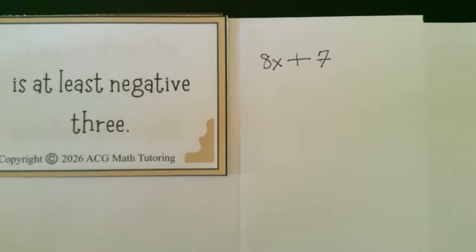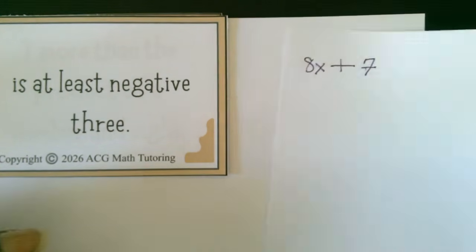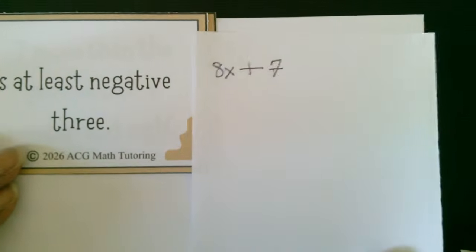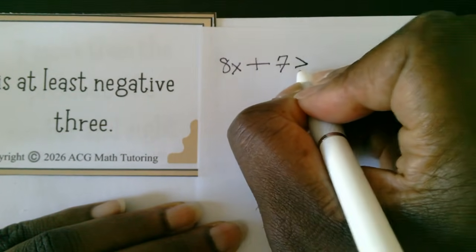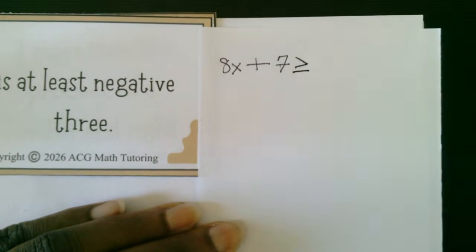But if I make $100, I still hit my quota, because I want to at least make $25. So that means if I make $25 or more, I'm going to reach my quota. So the at least part means greater than or equal to.